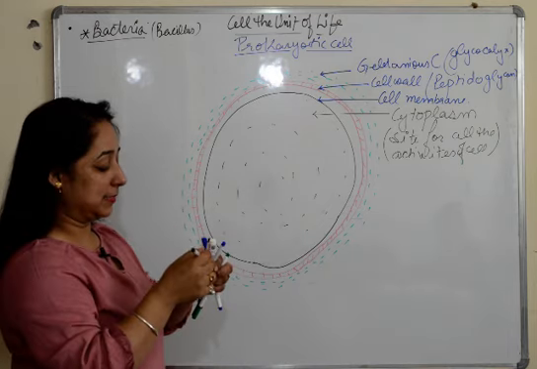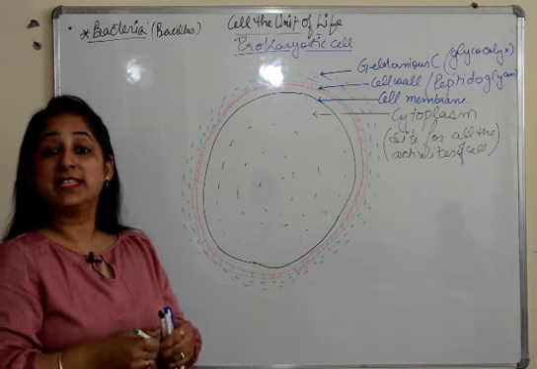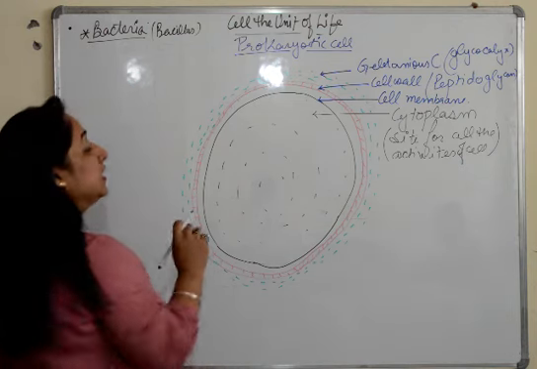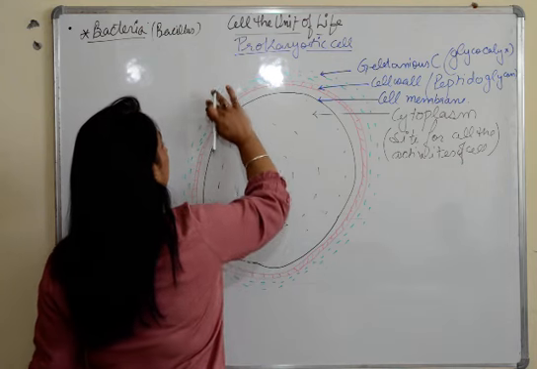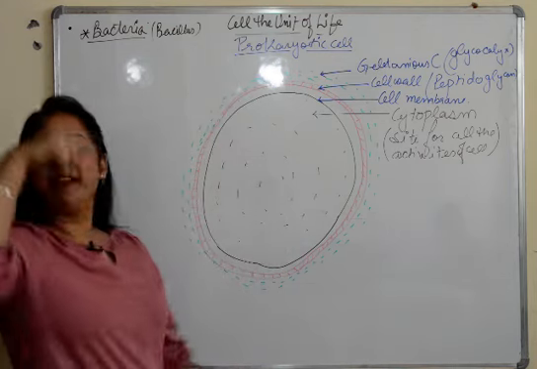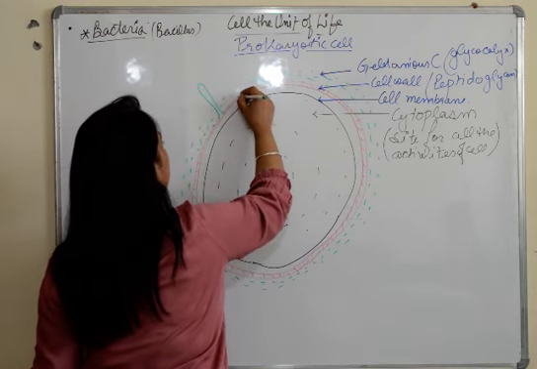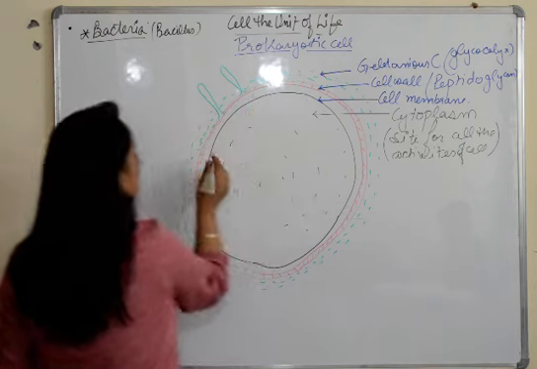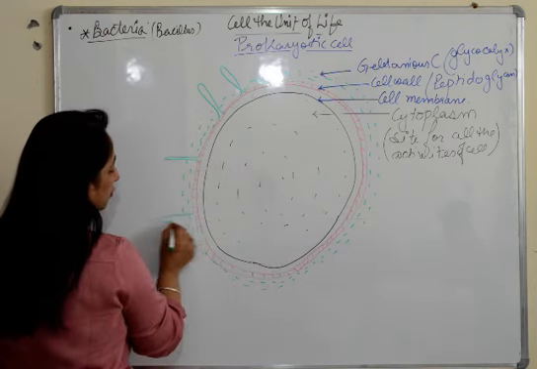Here is the cytoplasm. After that, now we are going to discuss a few structures which are specifically located here, starting with a few like the fimbriae, extensions like this called fimbriae. They are extended throughout. I'll just make a few here for you to understand.